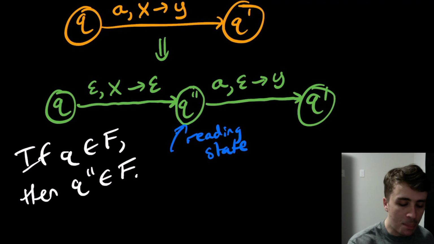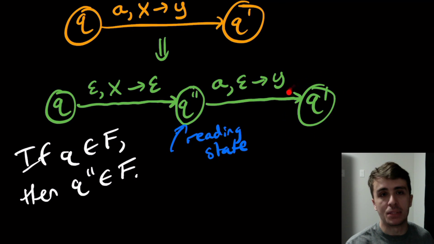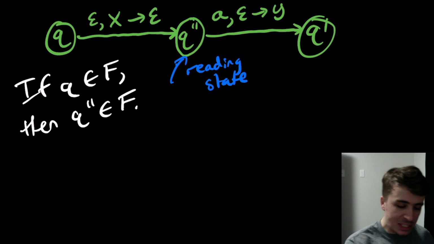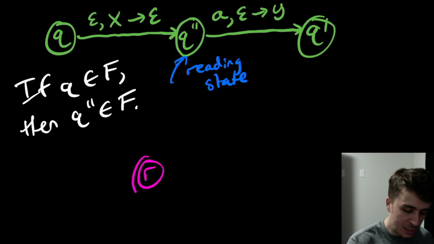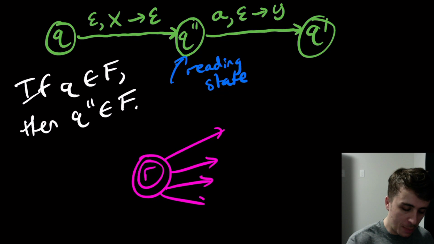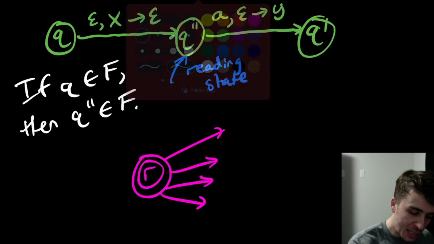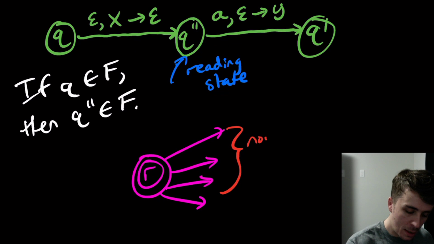This does not imply anything about the Q prime state because we have a reading transition right here. Isn't that pretty cool? And what about any state that was final before? Let's say, a different state, R. Let's say it was final before, and we have a bunch of transitions coming out, and let's say, for example, that none are reading transitions at all.